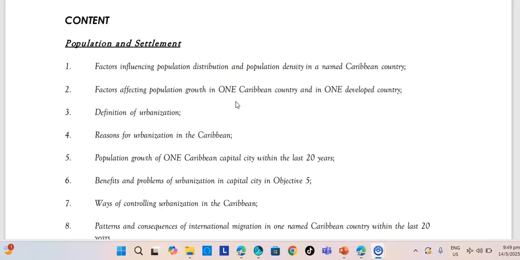Now, factors affecting population growth in Jamaica, and in most Caribbean countries, are birth rate. Many families still have children, but birth rates are slowly decreasing. Another factor affecting population growth is death rate. Better health care has reduced deaths, especially in babies and children.